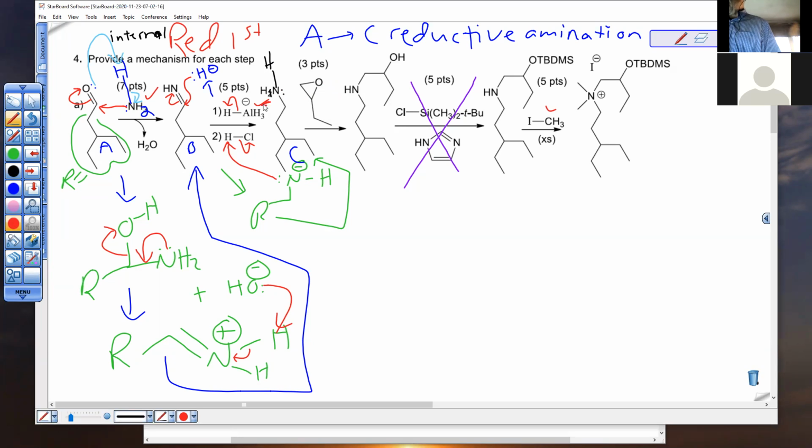This check mark's annoying too. And attack. Not that carbon. Less hindered carbon. Yeah, the N is attached to a CH2 and we're done.